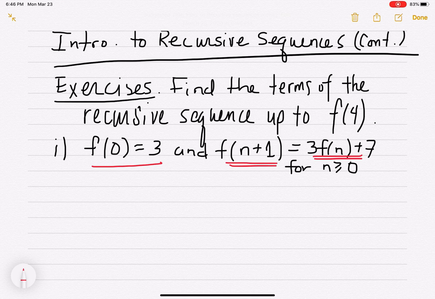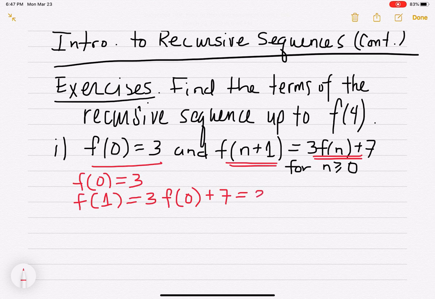So let's say we want to find, well, we already have f of 0. Let's write that down as 3. I want to find f of 1. That's 3 times the previous term, f of 0, plus 7. In other words, 3 times 3 plus 7. 9 plus 7, that's 16.